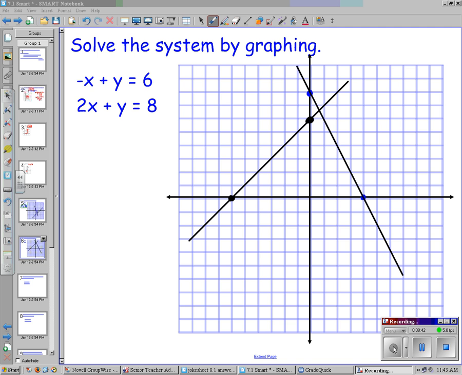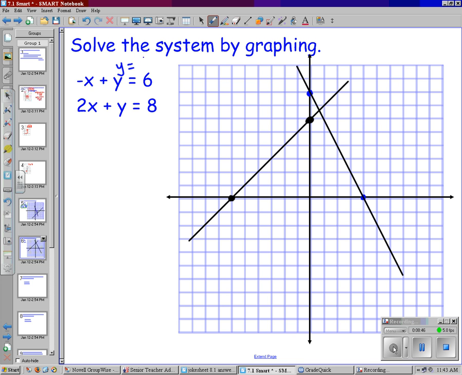I think with the guys, the way I saw them graph here, they did the XY intercepts. So they put 0 in for X, Y equals 6. And then they put 0 in for Y, and X is going to be a negative 6. And when you plot those 2 points, Natalie, that's this point here and this point here, you can draw your line through your X and your Y intercepts.